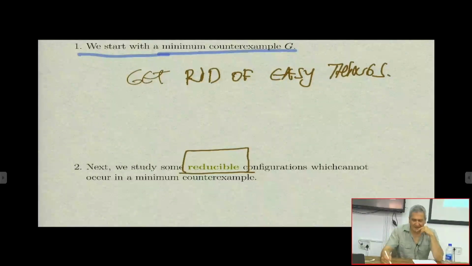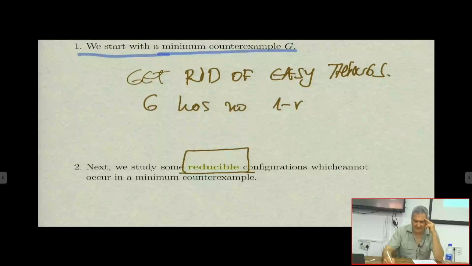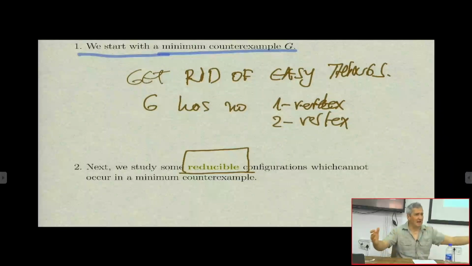Getting rid of easy things is like, okay, G has no 1 vertex, or maybe also no 2 vertex. Let's say we'd like to color it with 4 colors. If G is a minimal counterexample, for example, it doesn't have 1 vertex, doesn't have 2 vertex. These things are also reducible, and immediately easily reducible.